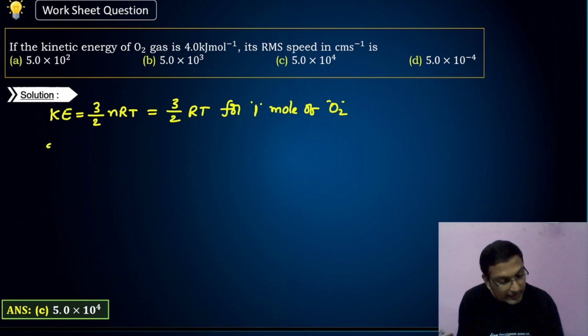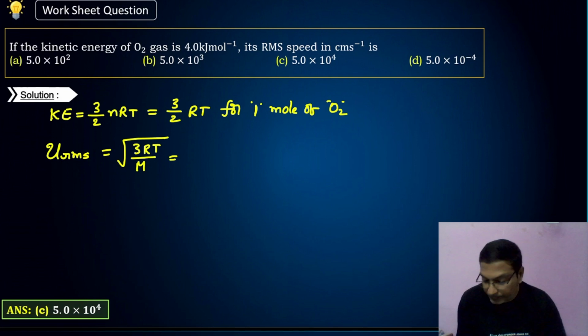Next, RMS speed: U RMS equals root of 3RT by M. Therefore, in place of 3/2 RT, we can write in place of RT, 3 by M into 2KE by 3.